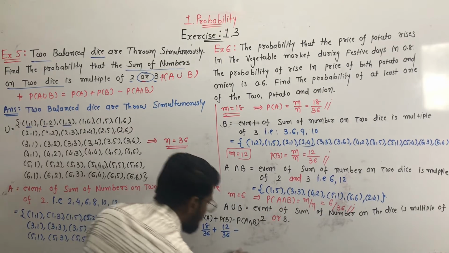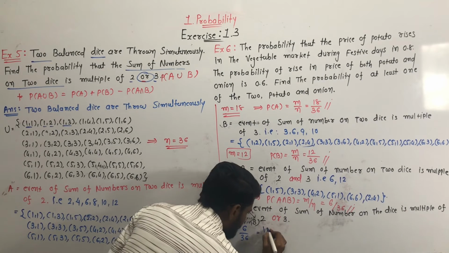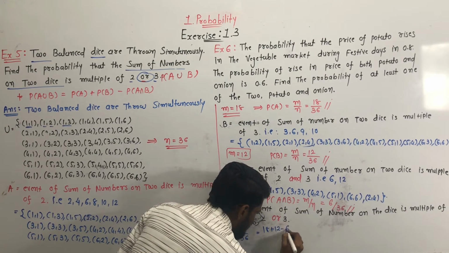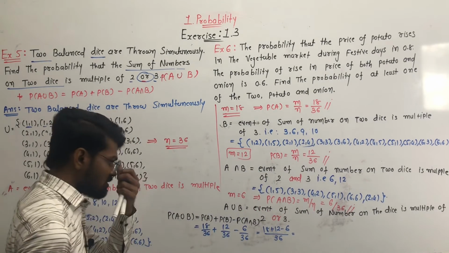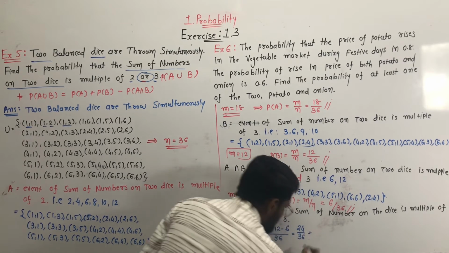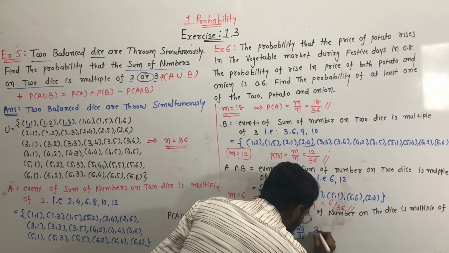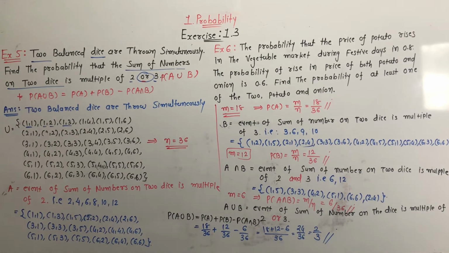So the answer is 18 plus 12 minus 6 upon 36, so it will be 24 by 36, so it is equal to 2 by 3. Clear? Write it down. Done.